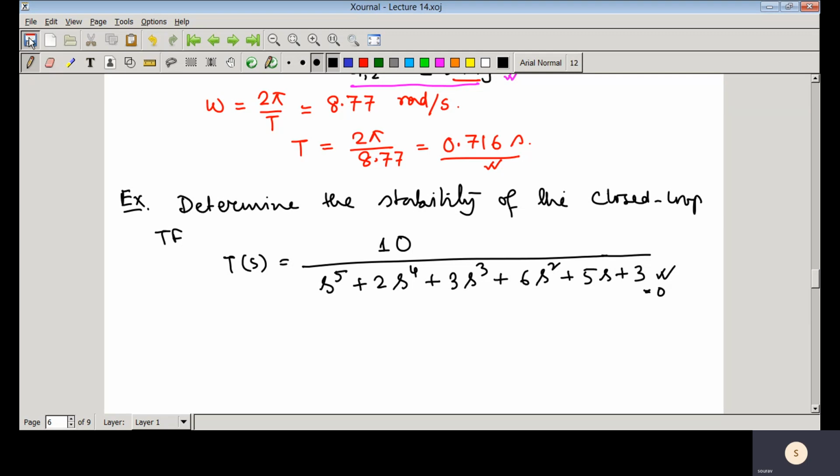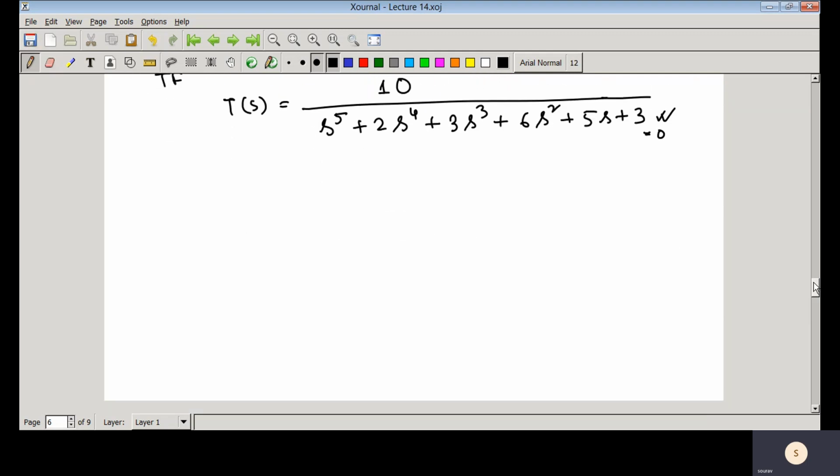So now we'll be applying the Routh-Hurwitz criteria. It starts with s to the power 5, then s to the power 4, s cube, s square, s, and s to the power 0. The first coefficients are 1, then 3, then 5, and here you have 2, 6, and 3.